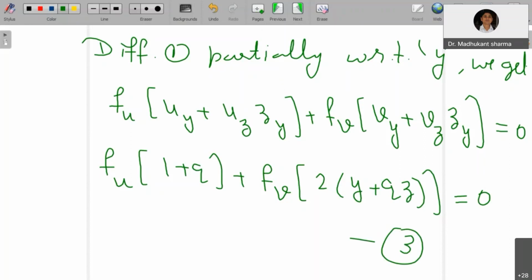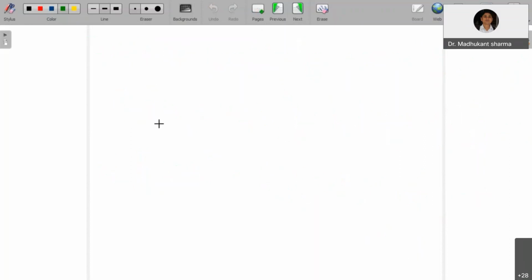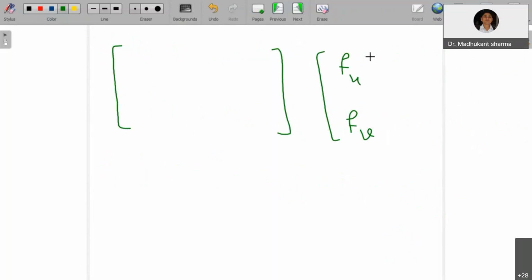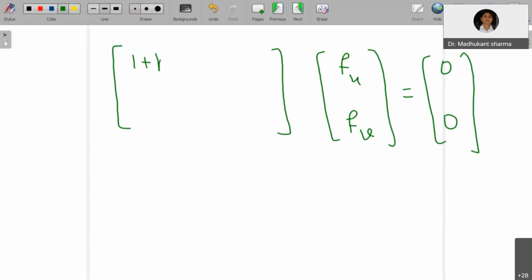Now 2 and 3 can be written in the following matrix form. If you recall, the column of fu and fv times this matrix equals 0, 0, where the rows are 1 plus p, 2 times x plus pz, and 1 plus q, 2 times y plus qz.